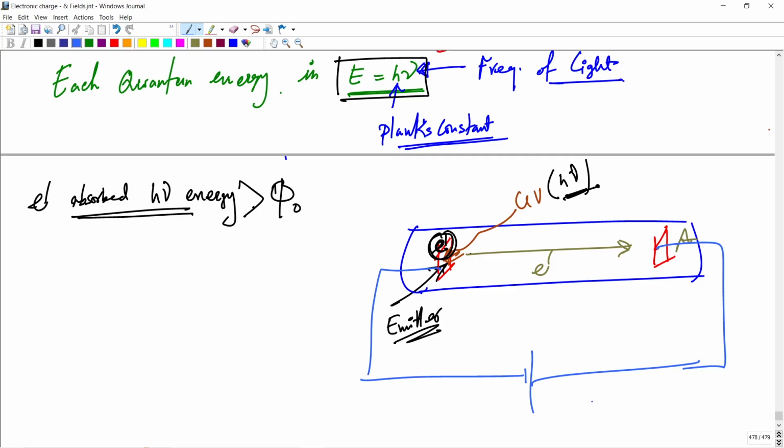Now when the electron moves in that direction, from emitter to acceptor, the absorbed energy is more than the work function, and the electron is emitted with the maximum kinetic energy.